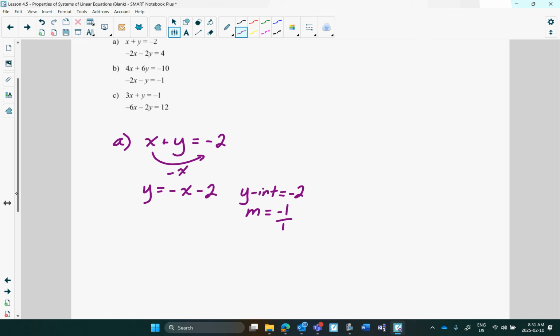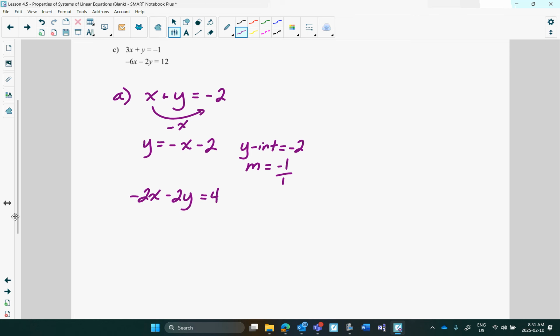Now we have to take the second equation, negative 2x minus 2y equals 4, and get y by itself. So I have to add 2x, pull the x over, and I get negative 2y equals positive 2x plus 4. And then to get y by itself, I'm going to have to divide both sides by negative 2.